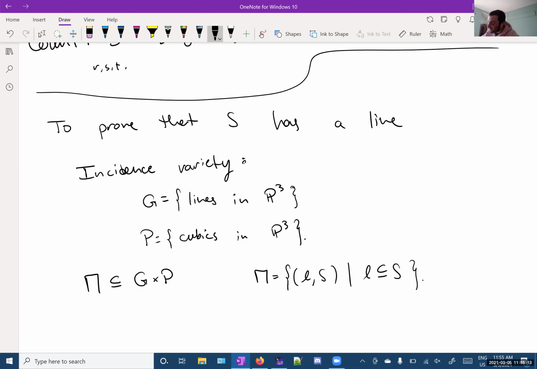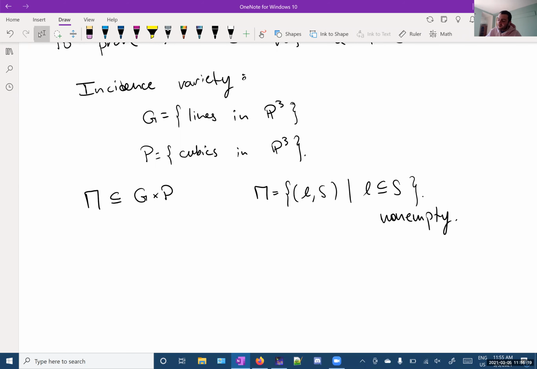So this is non-empty. Okay, so now what I want to do is consider this map to P. So, P is this thing right here. So this just maps (L, S) to S. And the question is, is this surjective?